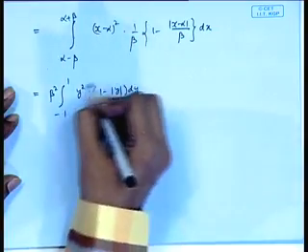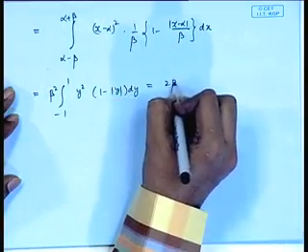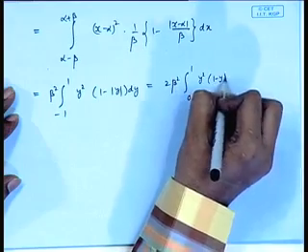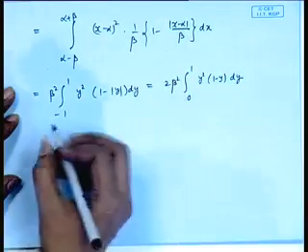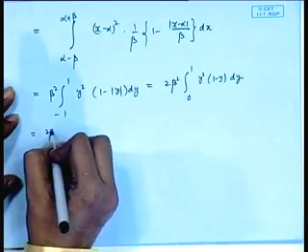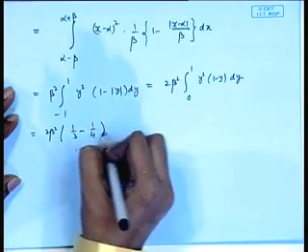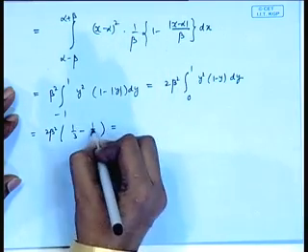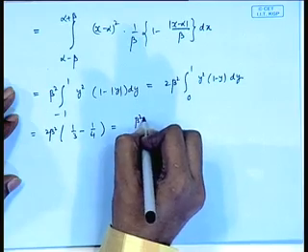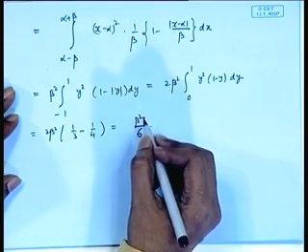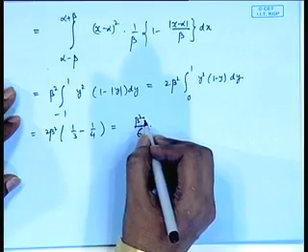As this is an even function, this becomes 2 beta square times the integral from 0 to 1 of y square times 1 minus y dy. So, this is equal to twice beta square times 1 by 3 minus 1 by 4. That is equal to, after simplification, beta square by 6. So, the variance of this distribution is beta square by 6.